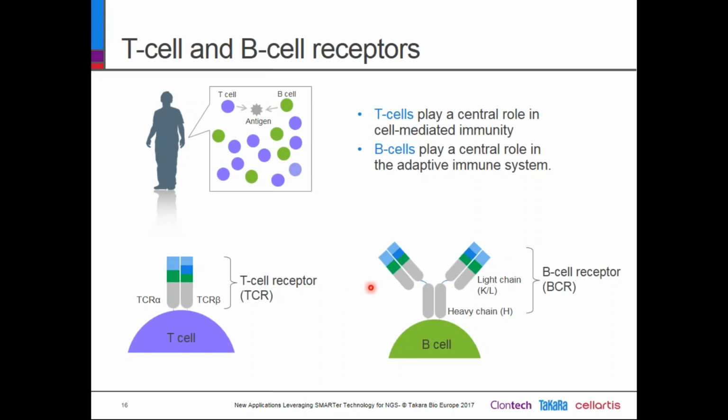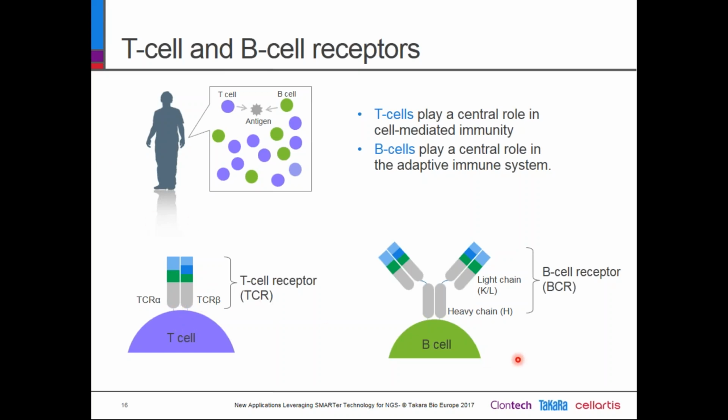Essential to the functions of these immune cells are the receptors on their surface. In the case of the T cell, we have on the surface the T cell receptor, or TCR, which is composed of two subunits, TCR alpha and TCR beta. This is in the majority of cells. There are also a minority of cells that are composed of TCR gamma and delta subunits.